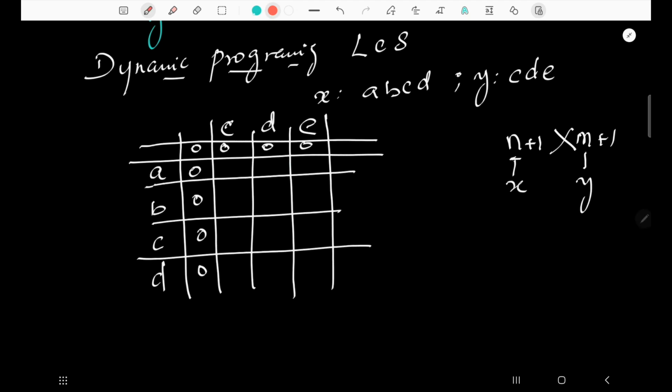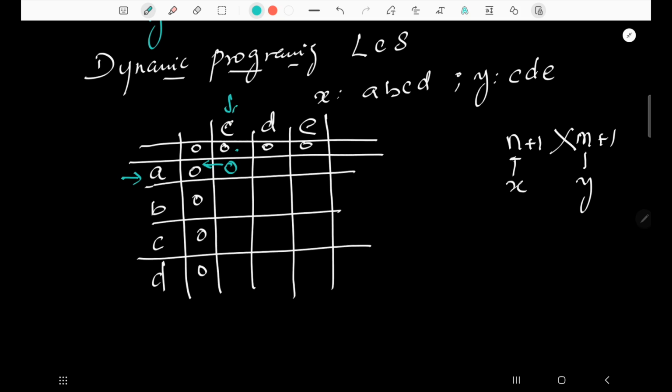Now, first cell: A and C are not the same. If it is not the same, take the maximum of either this or that, either the left side or the top. Both are the same value, so I can take either 0. So I take 0, from here. You can also take the above 0, the upper one, and put the arrow mark pointing upwards.